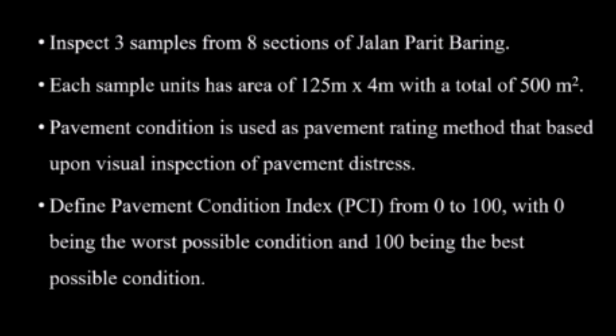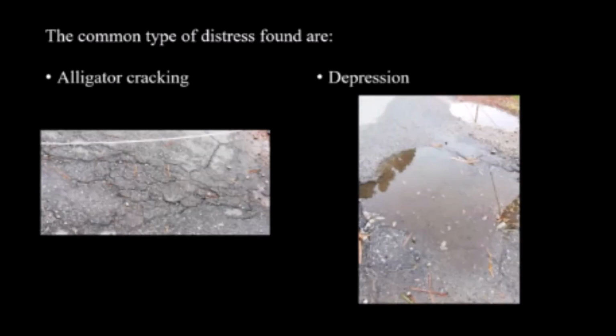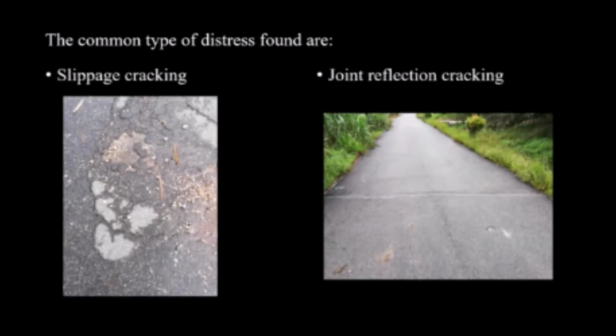In our survey, we define the pavement condition index from 0 to 100, with 0 being the worst possible condition and 100 being the best possible condition. There are several types of distress found along the road. The first ones are alligator cracking, depression, slippage cracking, and also joint reflection cracking.